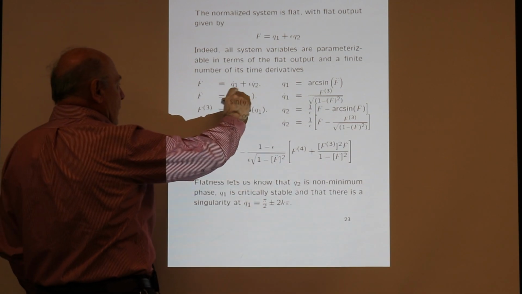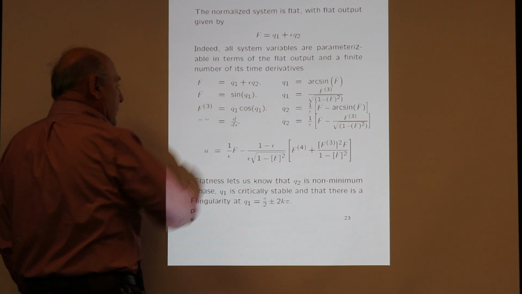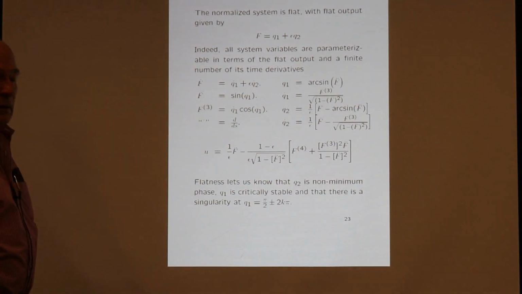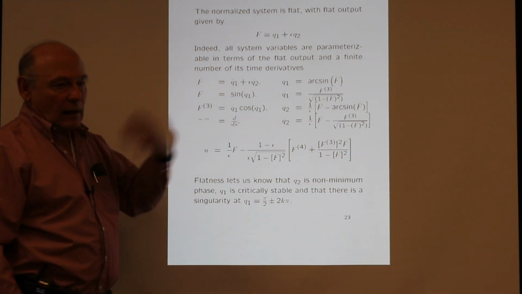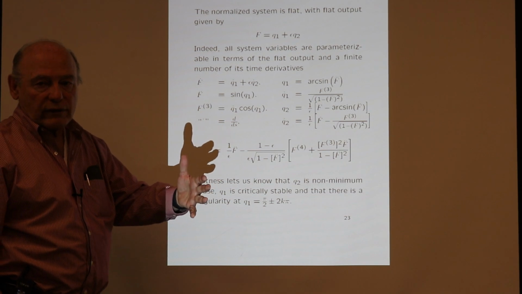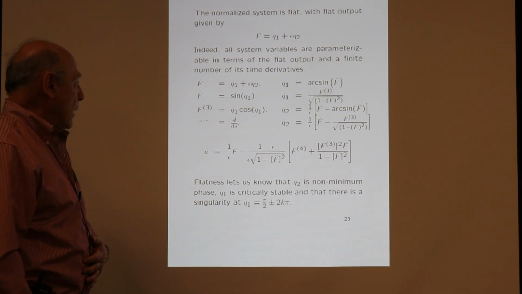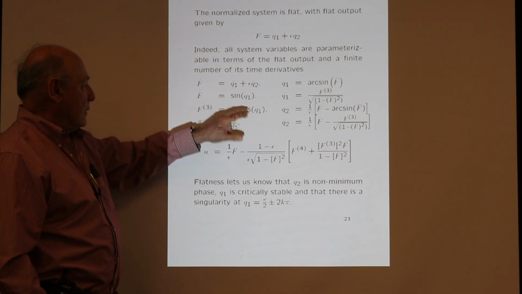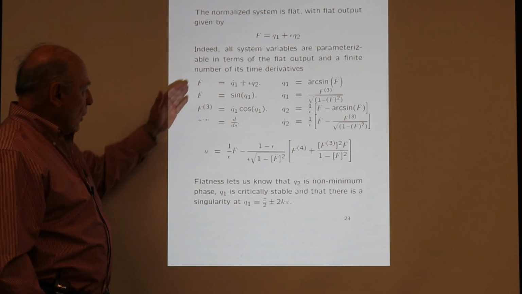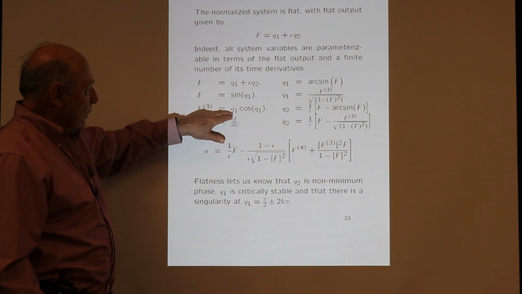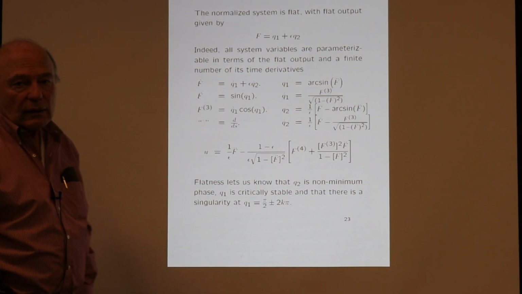The second derivative, when you do F double dot, you will obtain sine of Q1. And this is an indication that you're on the right path because now Q1 can undergo 2 more differentiations before you find U. So F3 is this Q1 dot cosine of Q1. And you know that in the next one you will have Q1 double dot that already contains the control input.